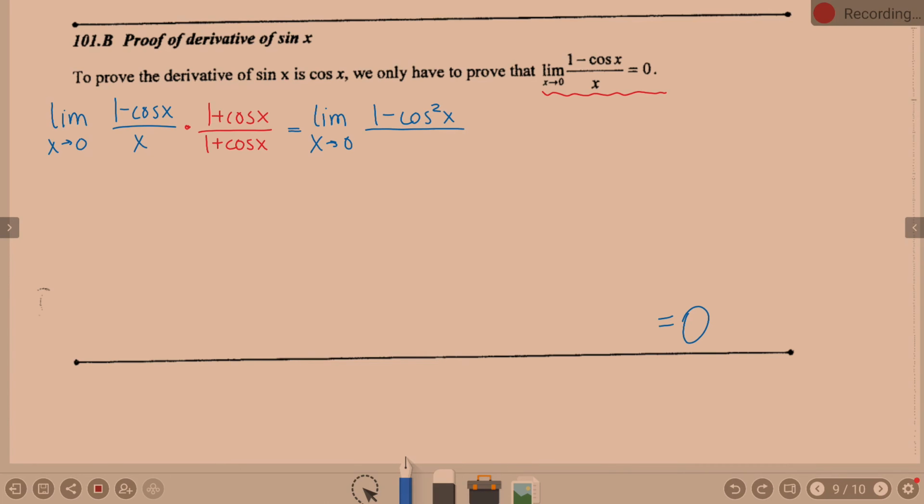Because when you FOIL 1 times 1, outer and inner cancel, and it's a minus cosine squared x. So, denominator, I'm just going to leave it as x times 1 plus cosine x.